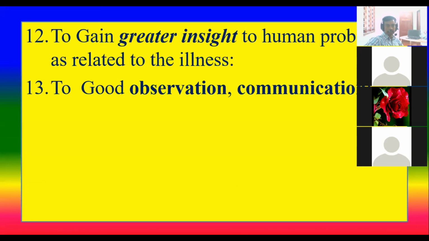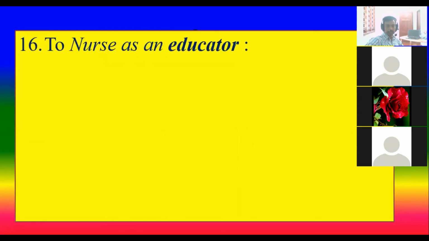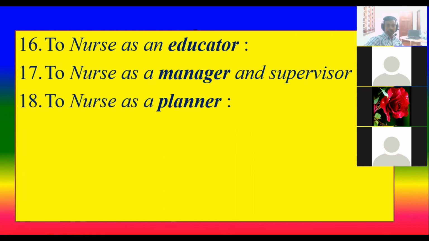That thinking helps to more insight regarding the patients and their problems. Thirteen, observation and communication. Fourteen, first level of care, which is primary health care. Fifteen, health needs, broader social change. Sixteen, important to nursing education, then essential for nursing management.